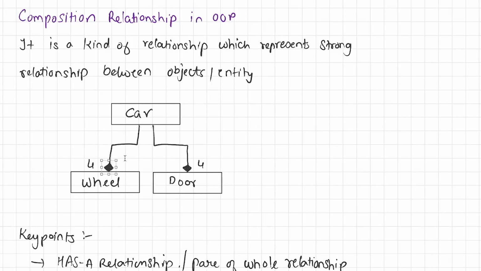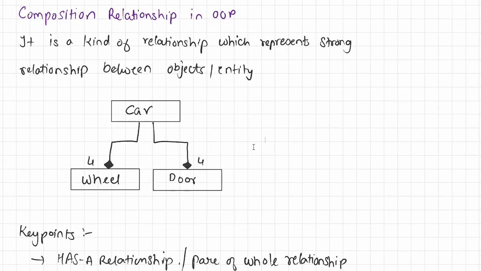Similarly, to represent a strong relationship between car and doors, we use a filled diamond symbol. So this is how we can model the relationship between car, wheel and door using filled diamond in Unified Modeling Language. Now this brings us to the question: why are we calling this model a composition relationship, and why are we calling this a strong relationship?